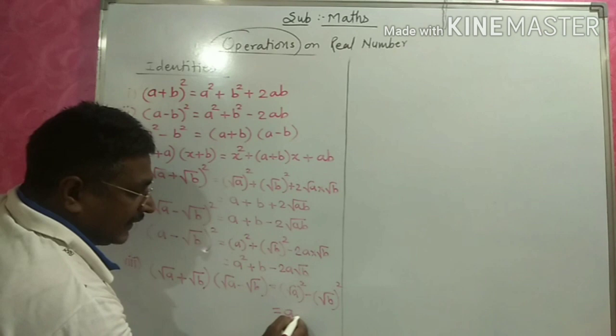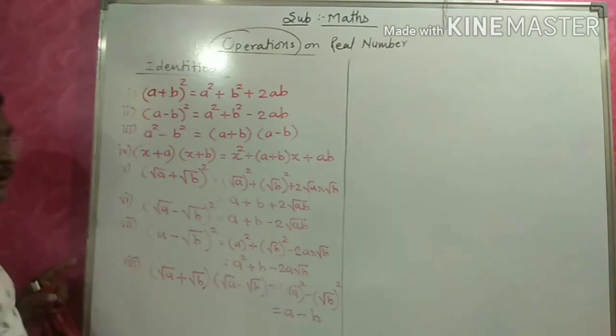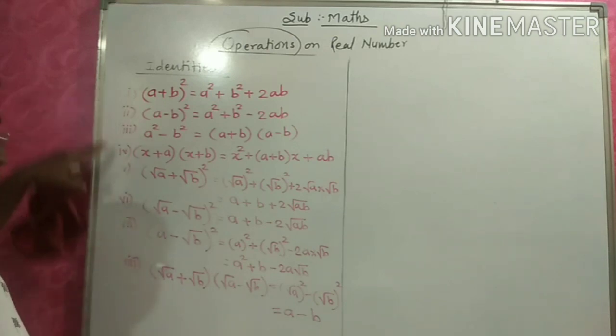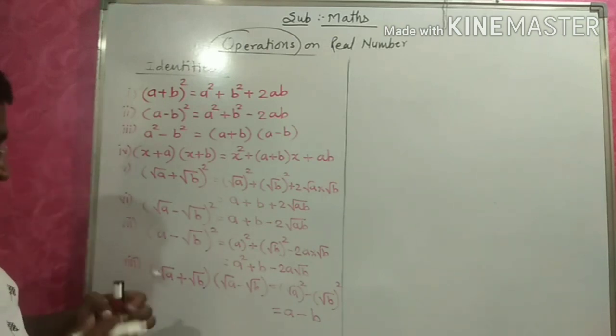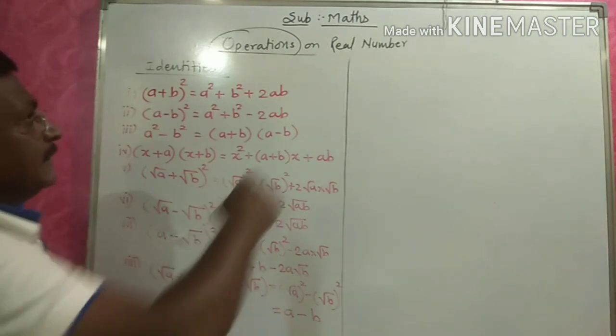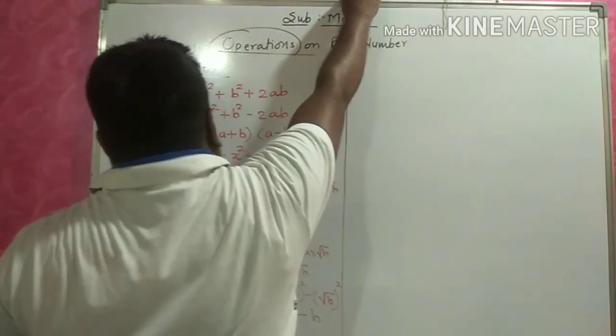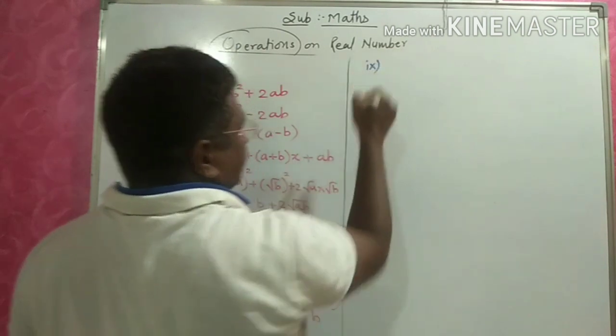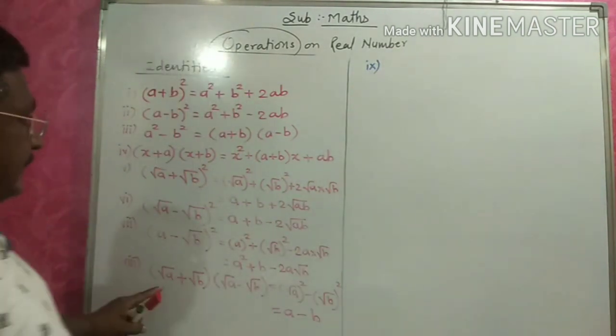So what will we get? A minus B. Understood, students, what is this? This is the identity. Now next identity.